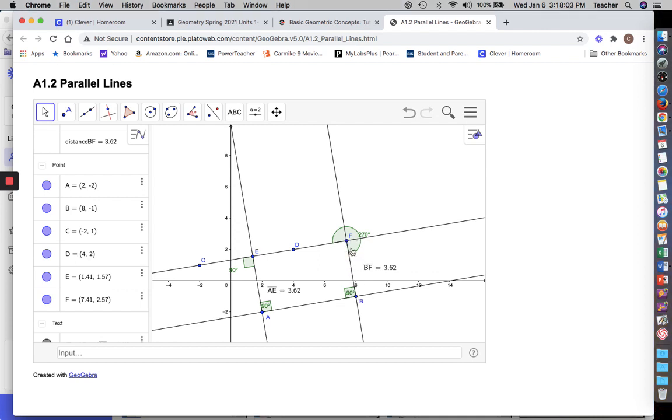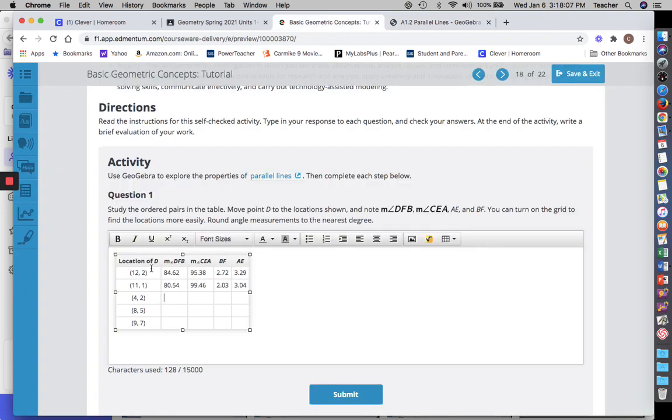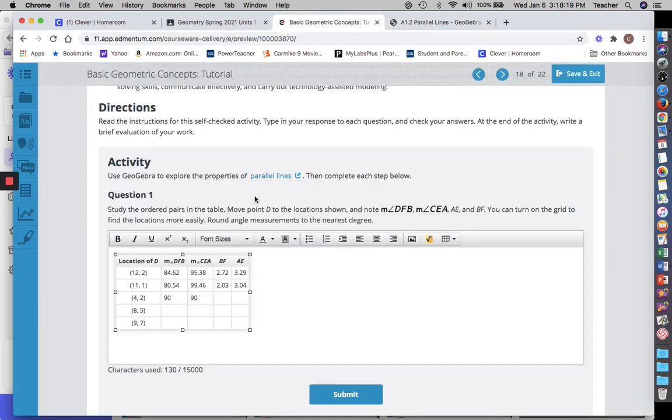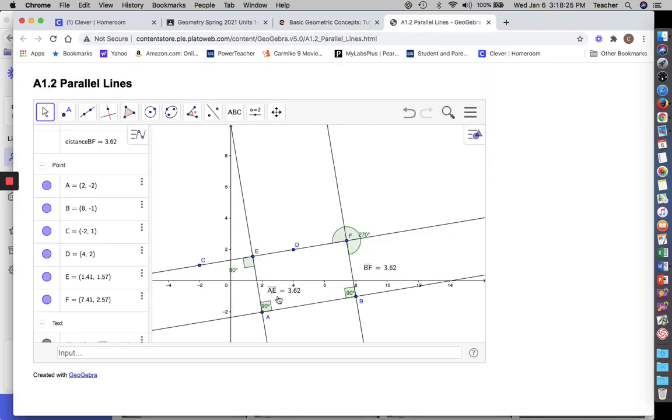That's going to be a 90-degree angle. So the other angle is going to be 90 as well. See how they're both 90 degrees. I got 3.62 for BF, and I bet the other one's also 3.62. Yeah, it is, 3.62.